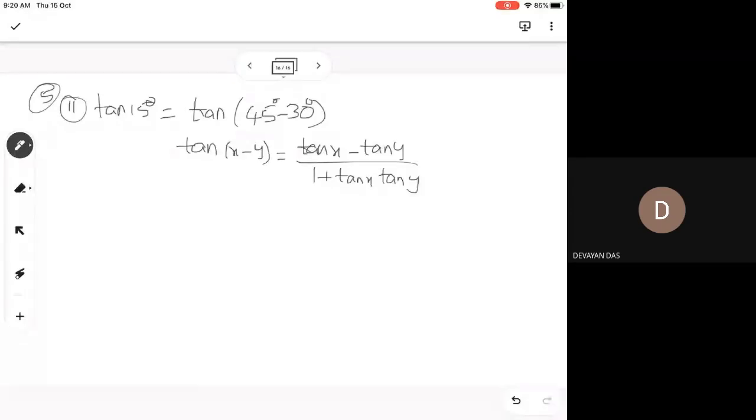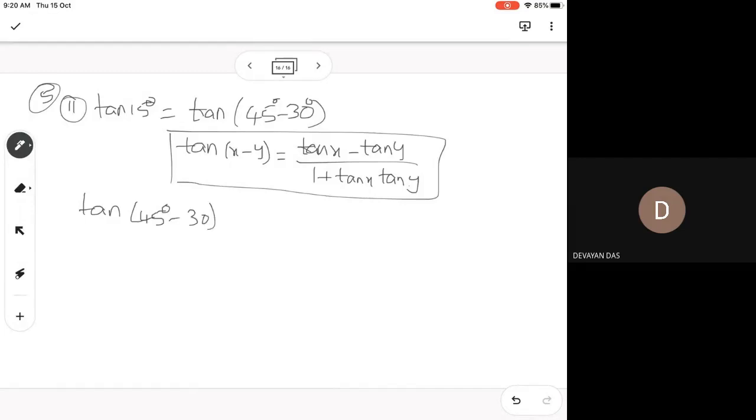Okay, so this you use. So tan 45 degrees minus 30 degrees, tan 45 minus tan 30 by 1 plus tan 45 tan 30 degrees.